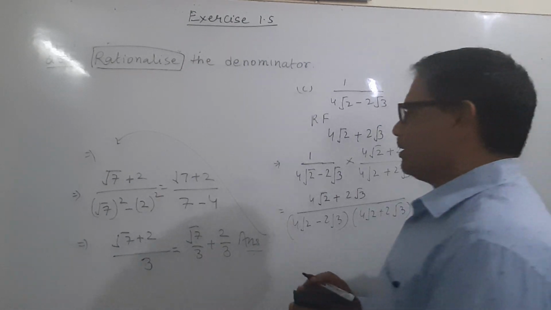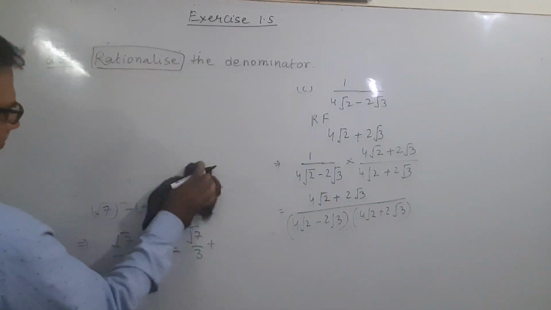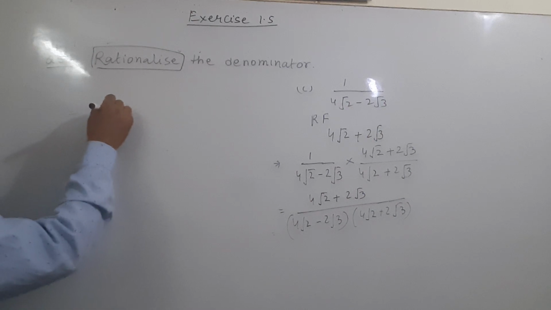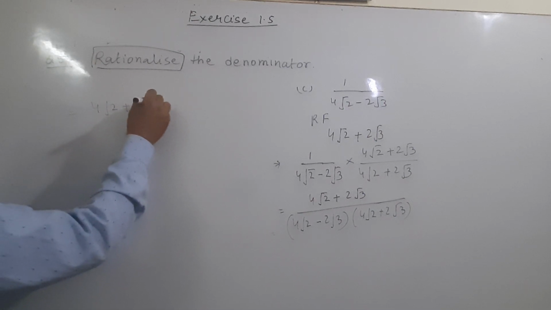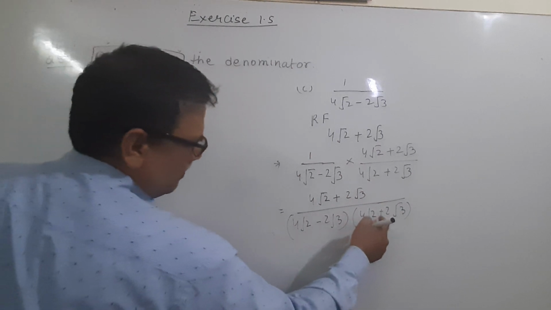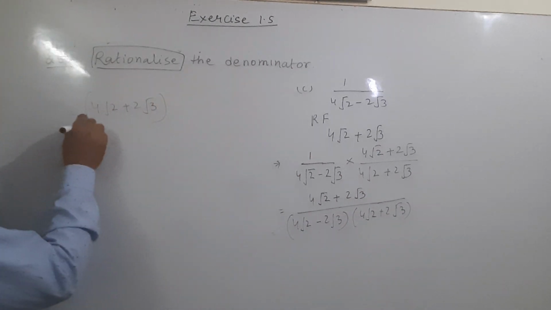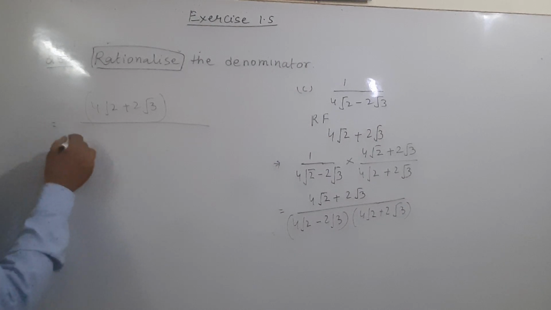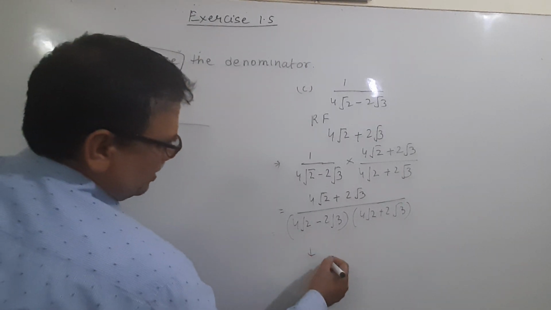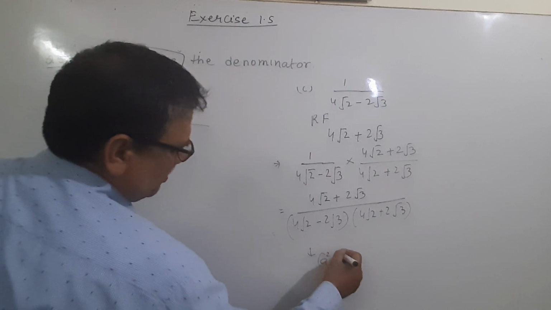And again we have to apply the identities. What should I do? 4 root 2 plus 2 root 3, same. And here is a minus b, a plus b, we have to apply the identity: a minus b, a plus b means a square minus b square.